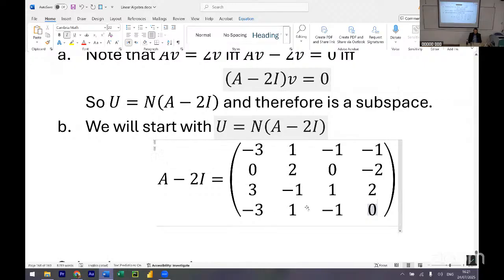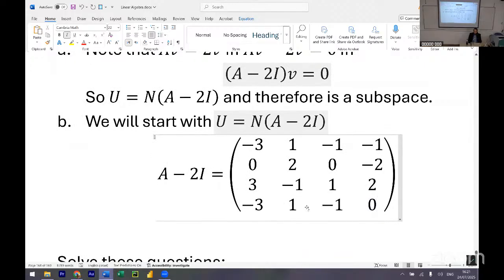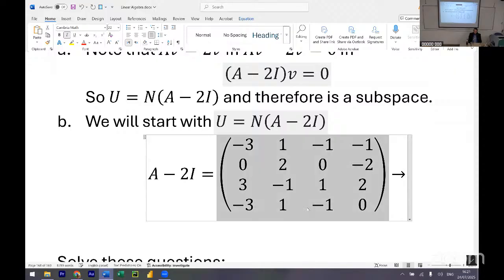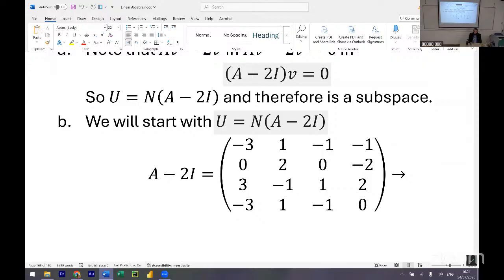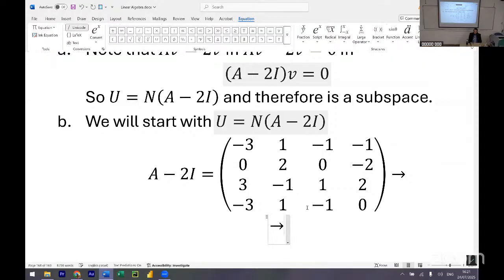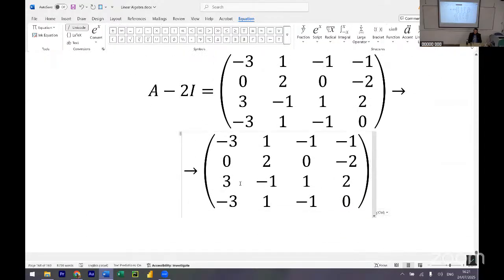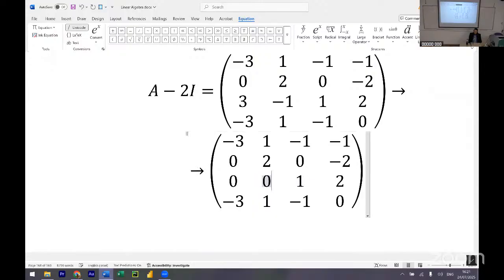Okay. So now let's do Gauss elimination. In order to save time, I will do a lot in my head. I won't write the operation I'm doing. So this plus the first is 0, 0, 0, 1.